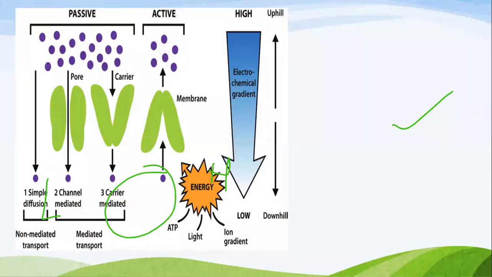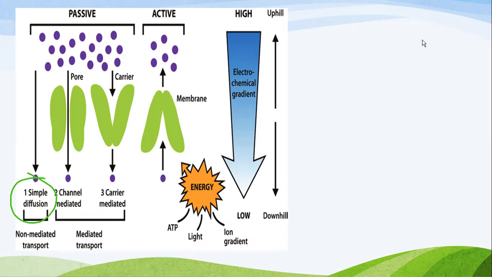Now see, this is the difference between all the types of transportation. Let me clear first. Yes, now you can see here. Passive and active, two types of transport first. As you can see, it's simple, there is no need of protein, nothing. So this is simple diffusion.